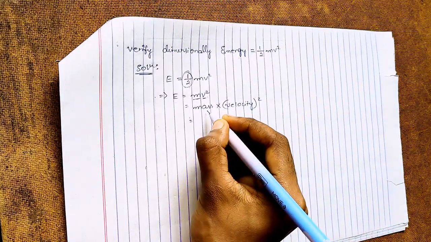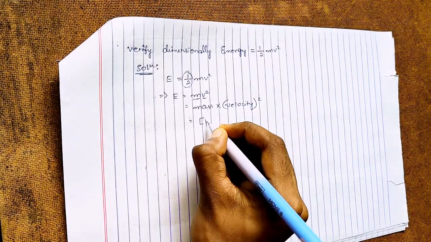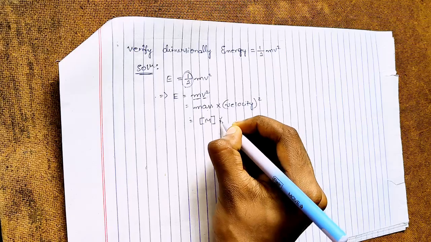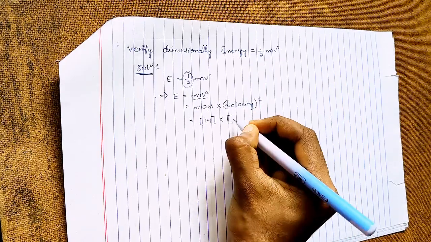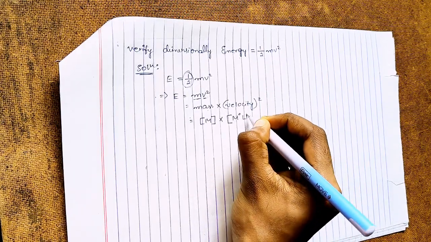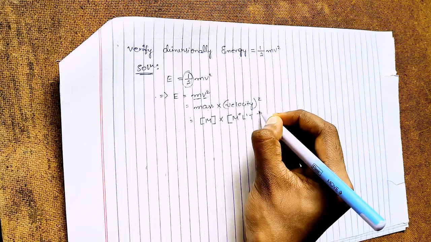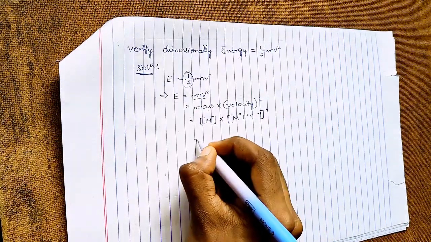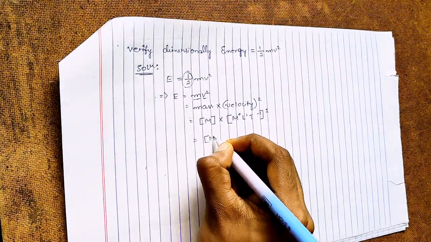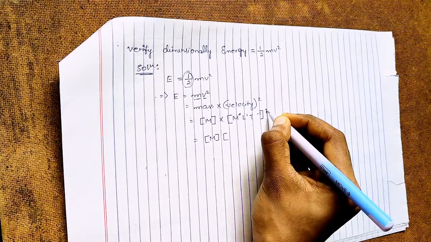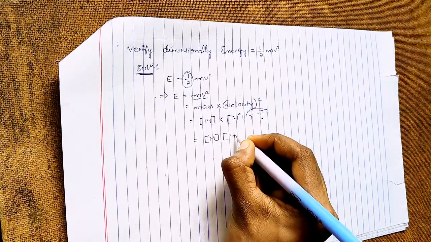Now we have to substitute the dimensional formula of mass and velocity here. We know the dimensional formula for mass is M, into the velocity dimensional formula, which we already know, that is M^0 L^1 T^-1, whole square.